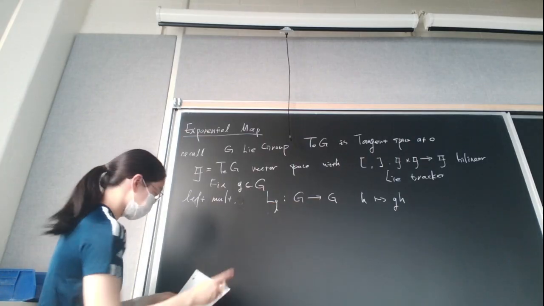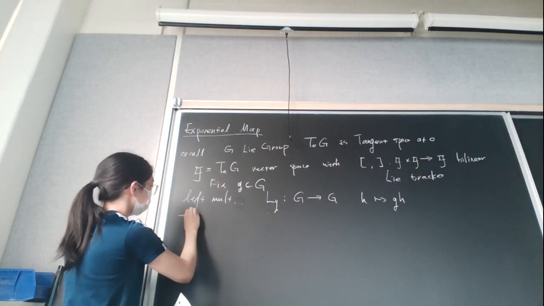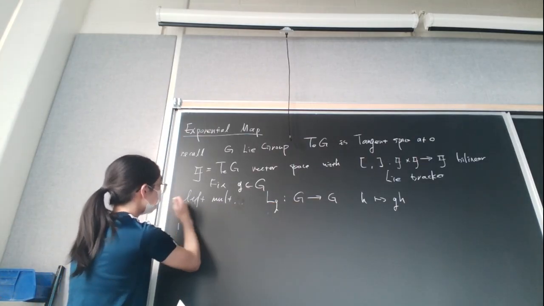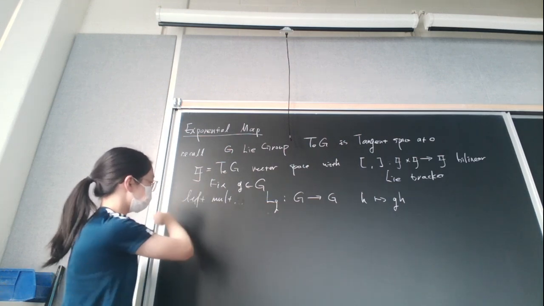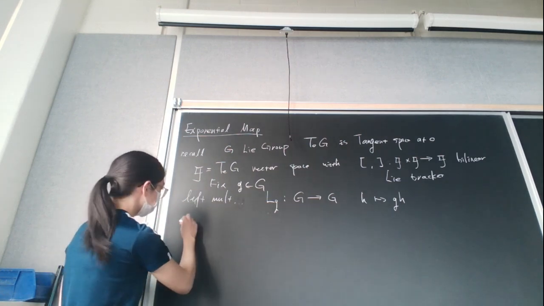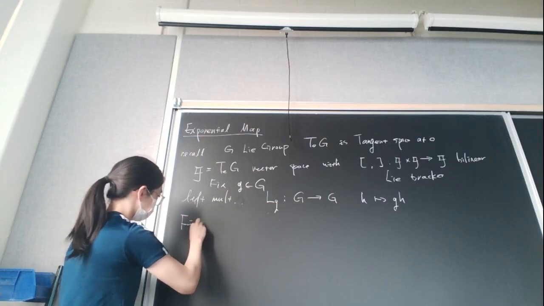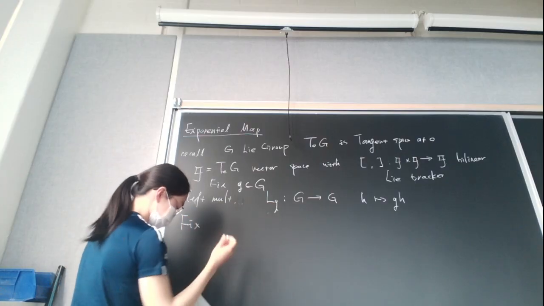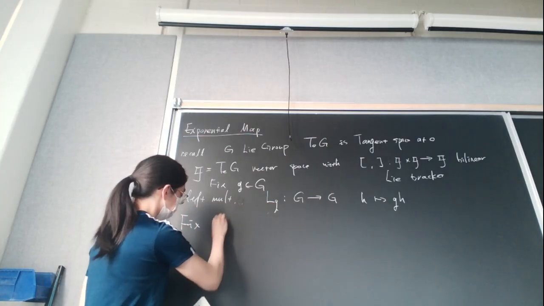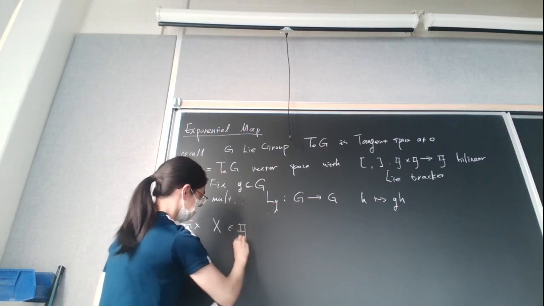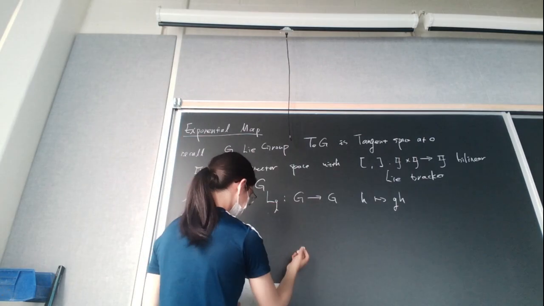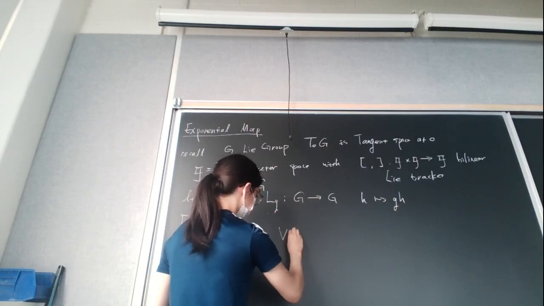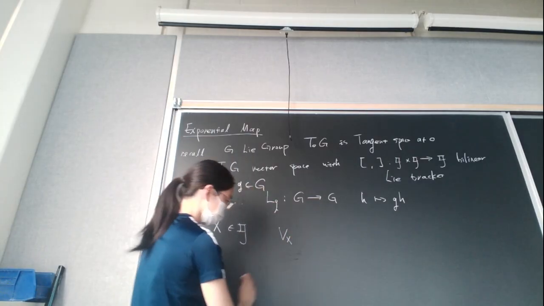Now we want to define the vector field. So given each element in the Lie algebra, we can define a vector field. So let's fix an X in the Lie algebra, and we can define a vector field V_X.